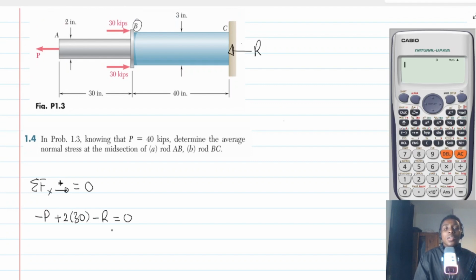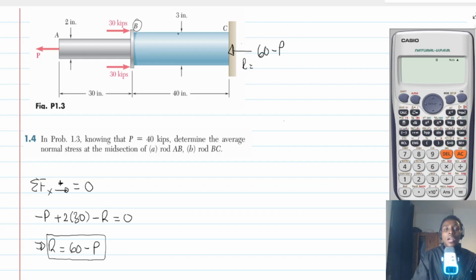Is that right? After getting to this point, R is actually 60 minus P. So we don't know P, but we can say R is 60 minus P.